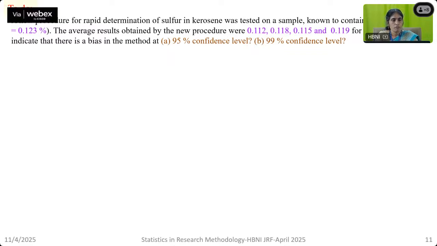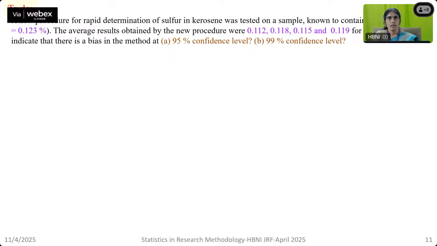Then, you want to test whether there is a significant bias in the proposed new method at 2 different confidence levels or not. For example, if I do 95% confidence level evaluation, whether the newly proposed procedure is giving you reliable data without any systematic error or not.